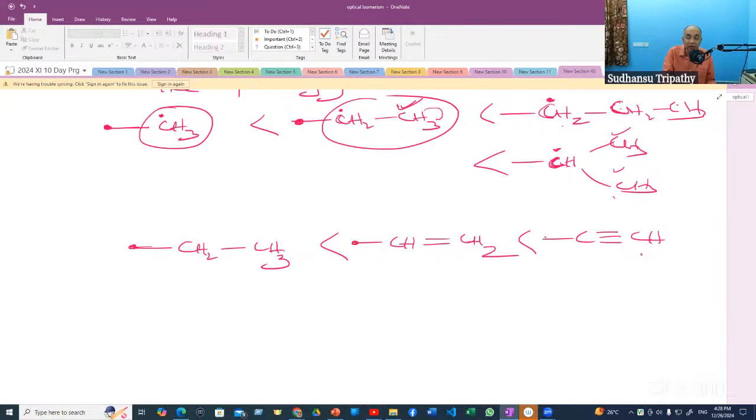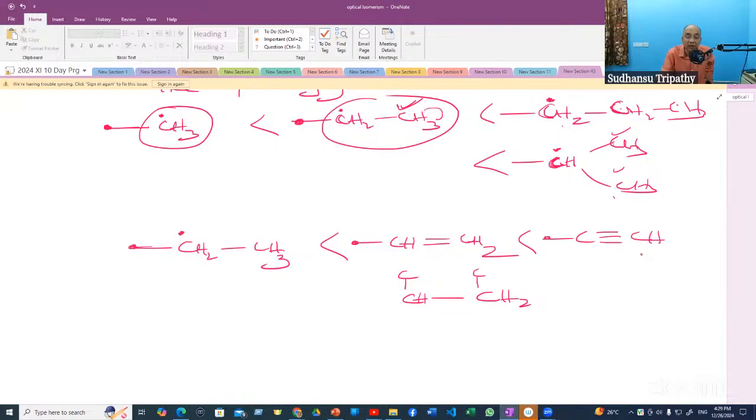Because a double bond is to be considered as this carbon is bonded to 2 carbons, 1 carbon here, the other carbon here. And this carbon is bonded to 2 carbons as well. You just remove the double bond and put 1 carbon on this and 1 carbon on this and then tally. That is the way how you tally.